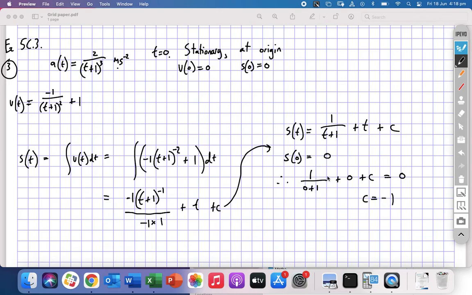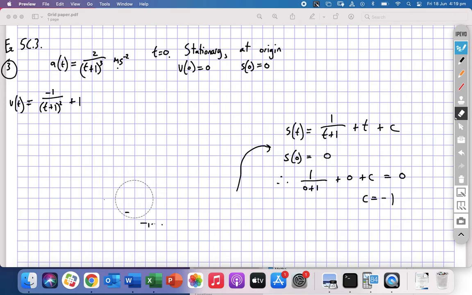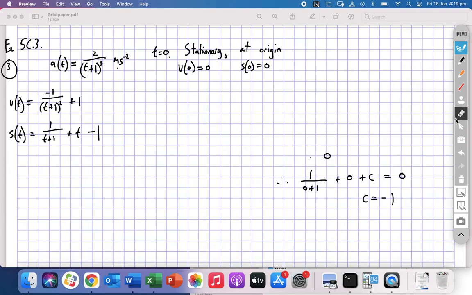I need to subtract 1 from both sides. There's your c. So if I put all this together over here, we have a displacement function now: 1 on t plus 1, plus t, and this time it's a minus 1, not a plus 1. All right, let's make that bigger.